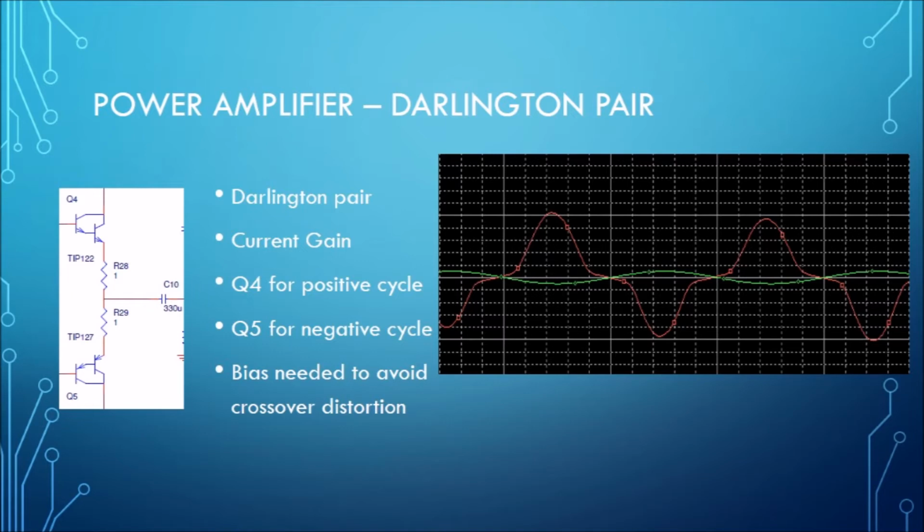The Darlington pair allows us to have voltage matching between the input and the output, but instead of having a large output resistance, now we have very, very low output resistance on the order of a couple of ohms. The end result of this is that we get a very large current gain, which is needed so that the speaker can properly output sound.